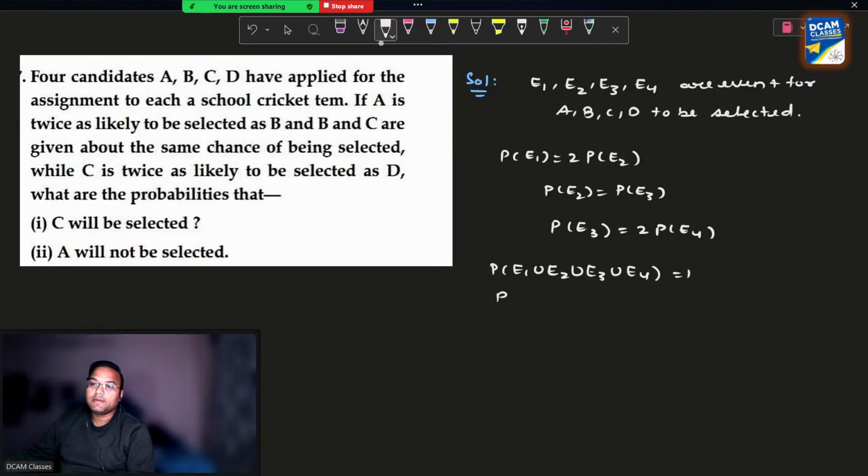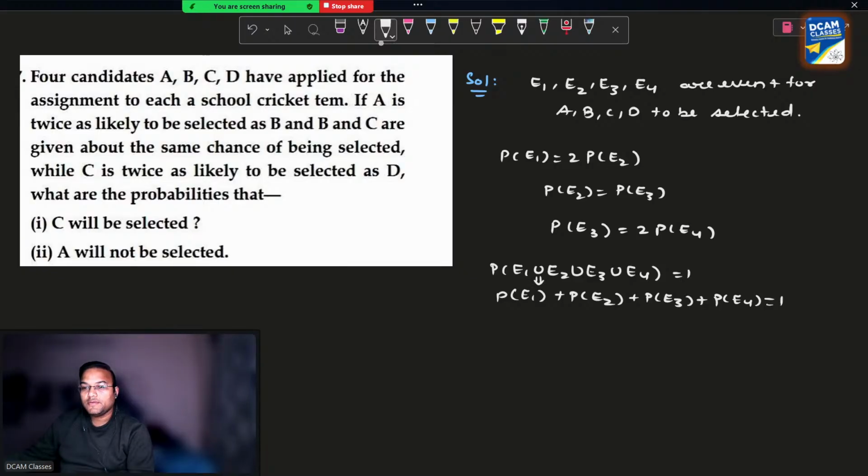If A is selected, one person is selected, the other will not be selected. Four candidates for selection to a school cricket team. Okay, correct.